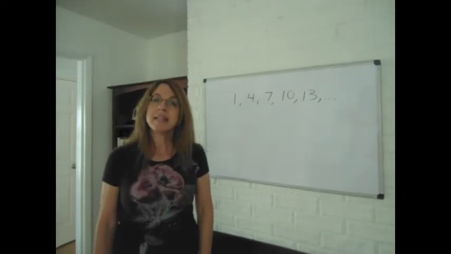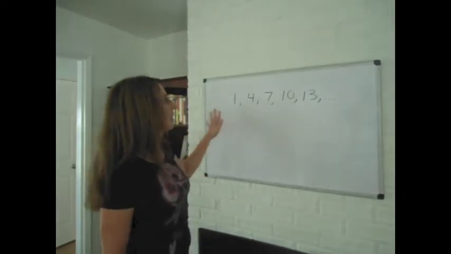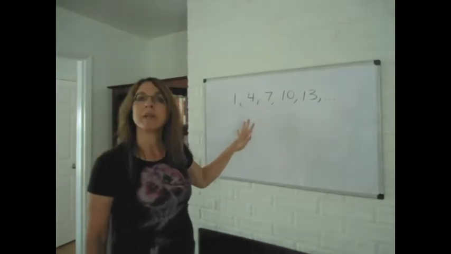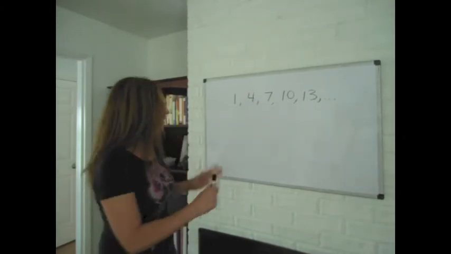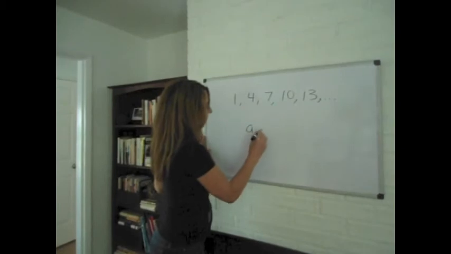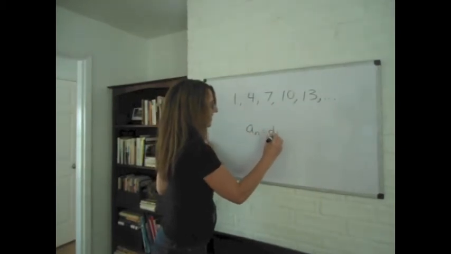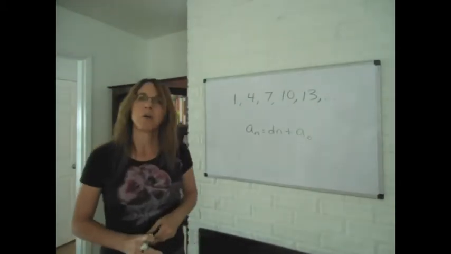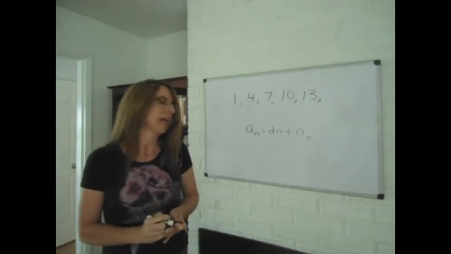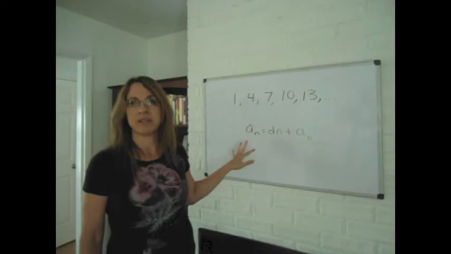When we see an arithmetic sequence like this first one, we know that we can use a rule. And that rule is a sub n equals dn plus a sub 0. We're already familiar with a sub n standing for an nth term definition.